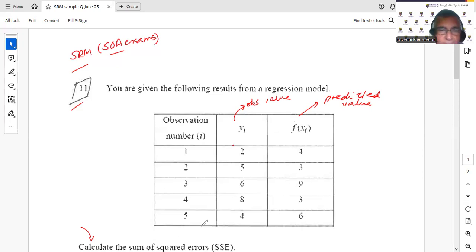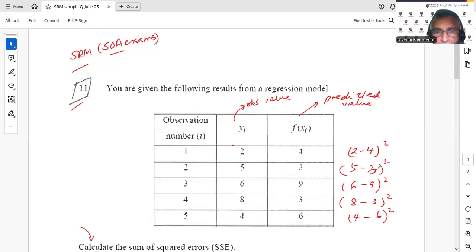It can't get any easier than this. You just take your observed value minus your predicted value and square it. 5 minus 3, let me write slowly, square it. And then 6 minus 9, square it. 8 minus 3, square it. And 4 minus 6.